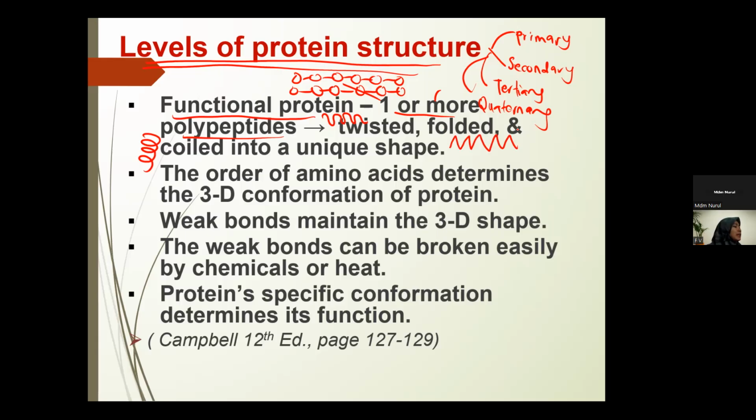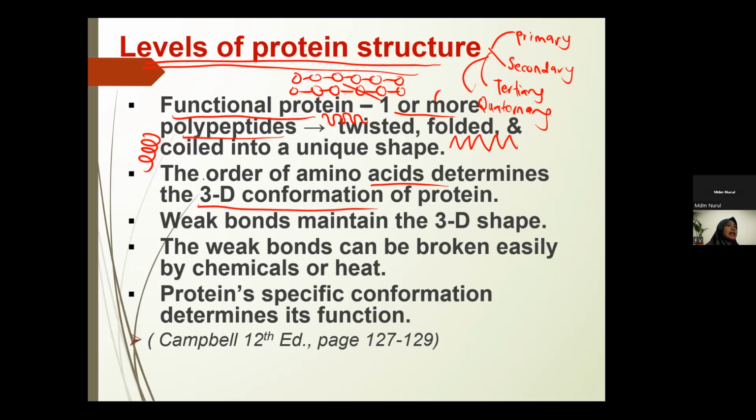Medan lukis tu bukan lukis saja-saja. Sebab berkaitan nanti apa kita belajar. Okay. So, some of the polypeptide twisted. Some are coiled. Some can be folded. Something like that. Okay. Alright. And then the order of amino acid will determine the 3D conformation of the protein. Order maksudnya susunan.